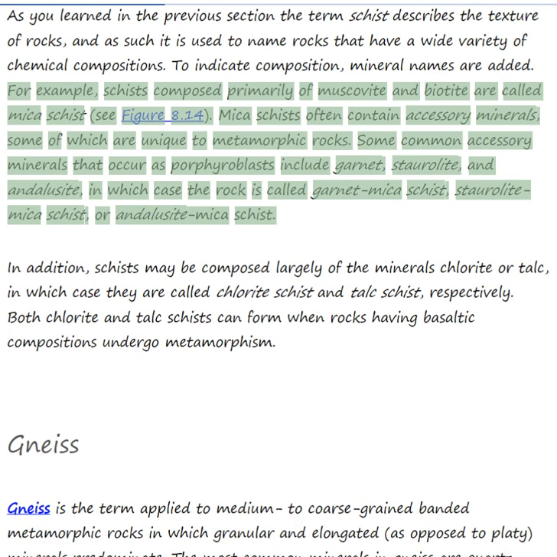Mica schists often contain accessory minerals, some of which are unique to metamorphic rocks. Some common accessory minerals that occur as porphyroblasts include garnet, staurolite, and andalusite, in which case the rock is called garnet mica schist, staurolite mica schist, or andalusite mica schist.